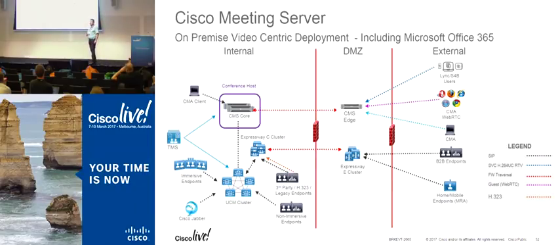So in cases where customers have only got an on-premise Skype for Business front-end server and they haven't got an Edge server, we can actually leverage the CMS Edge as our Office 365 integration point as well.